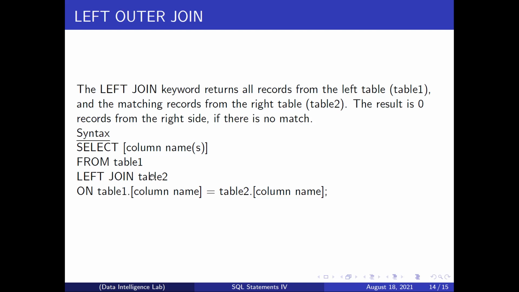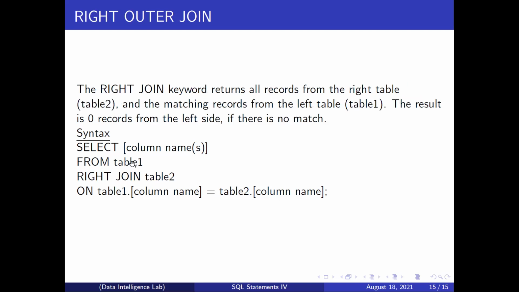So just see it as an arrangement of 1, then 2, then the left outer join is in between. You specify it using left join. There's nothing like left inner join, it's always left outer join. So table 1, left outer join, table 2, it will take everything on the left and then the matching records between 1 and 2. Then of course you need to specify the connecting factor, the connecting key between the two tables.